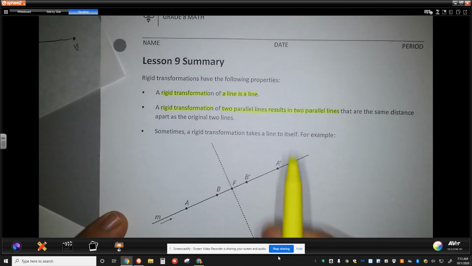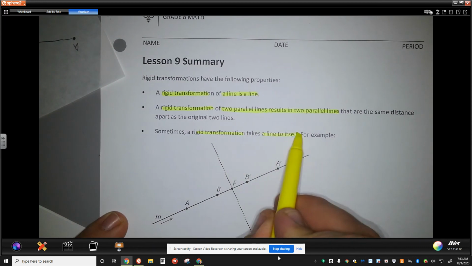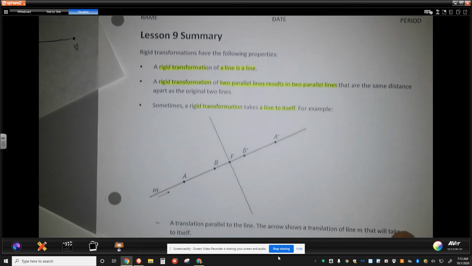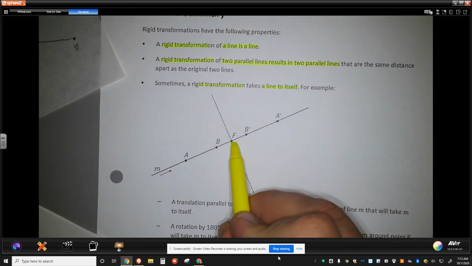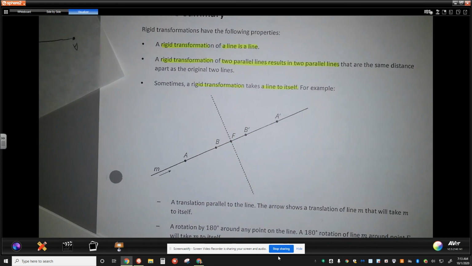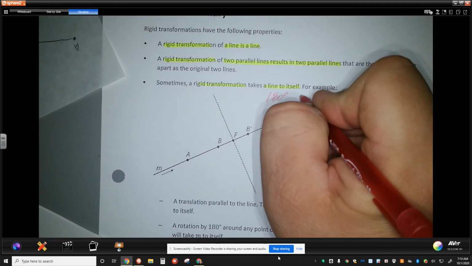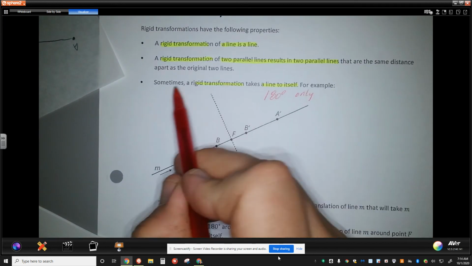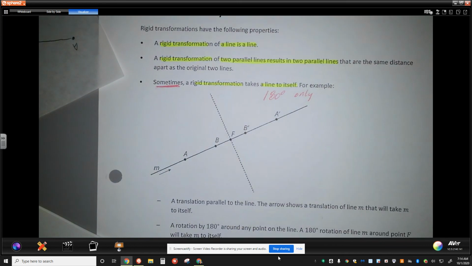And sometimes a rigid motion takes a line to itself. For example, what we saw right here, and we know that because when the center of rotation is on the line itself under a 180-degree rotation, we would see this right here, 180 degrees only. When we talk about sometimes, that sometimes is only a 180-degree rotation.